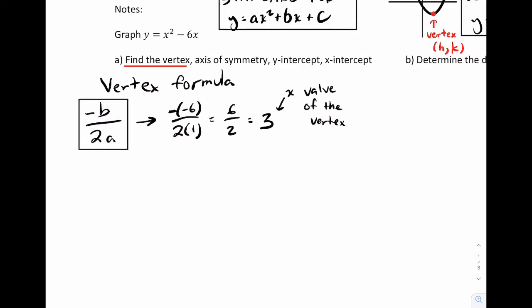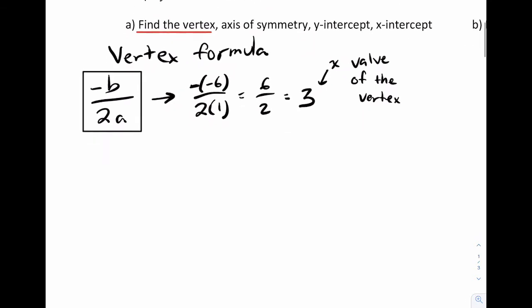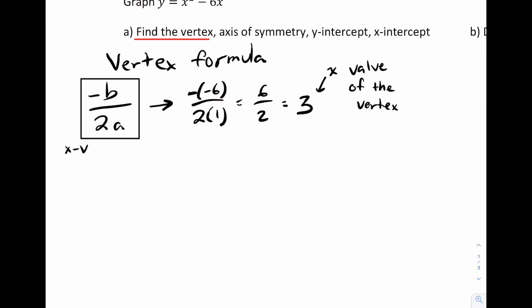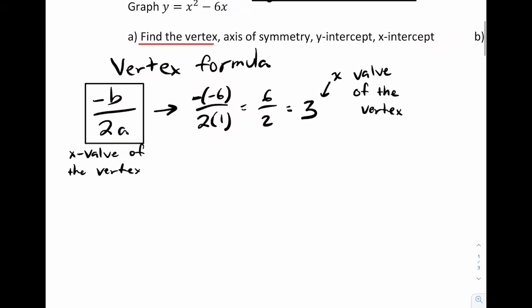So underneath here, we can actually add that. This is the x value of the vertex. Of course, if it's asking for the actual vertex, it wouldn't be enough to simply put 3. I can write vertex, but if I just put 3, we don't have the y part.